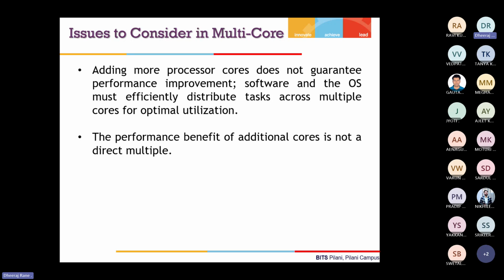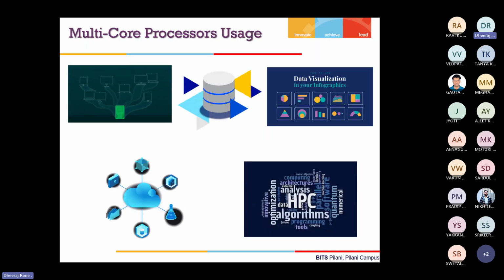Then only we will be able to do justice to the increased number of cores. Otherwise, it will be all in vain, right? And obviously, it's not a direct multiple. If you are doubling the number of cores, your performance will not simply double, right? So these are all the use cases corresponding to multi-core.